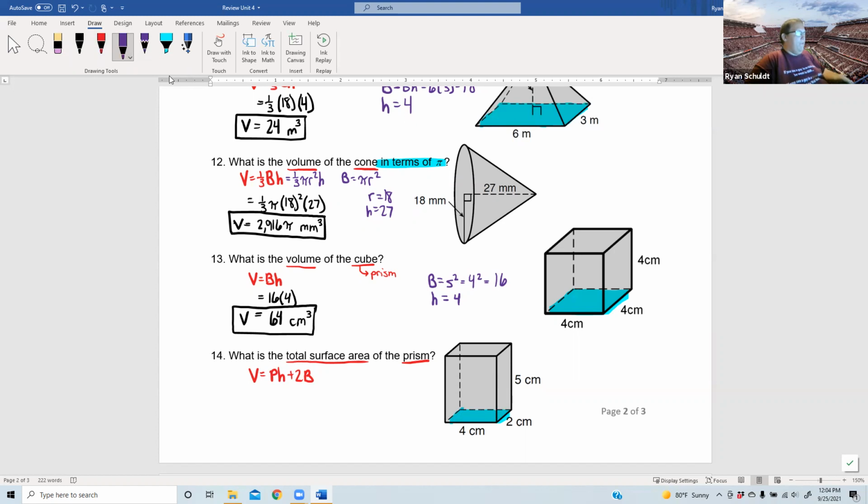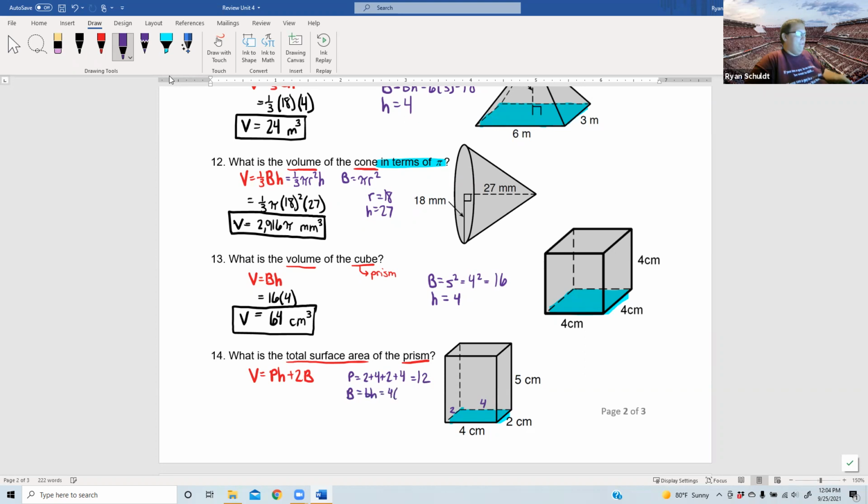So I want the perimeter. Well, it's going to be 2 over there, 4 there. So 2 plus 4 plus 2 plus 4. That gives me 12. I want the area of the base.